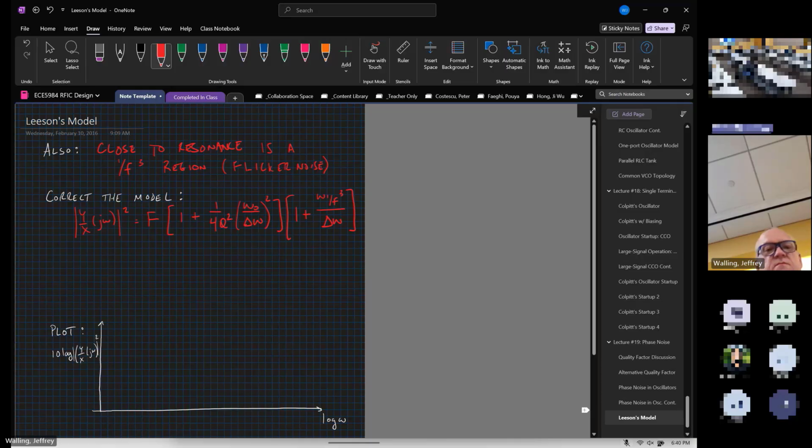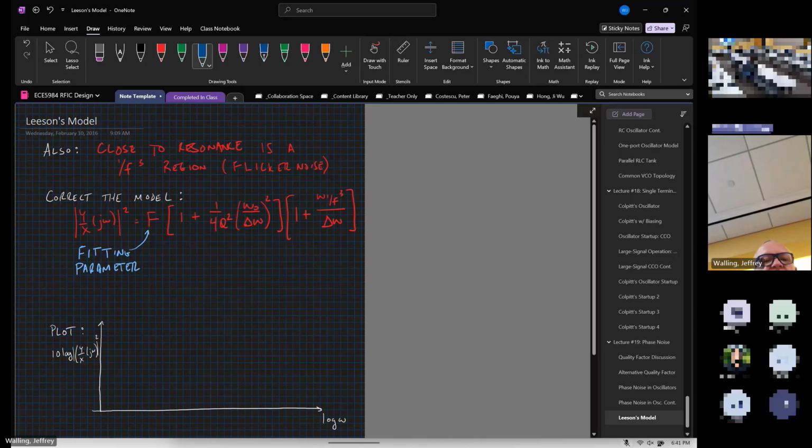All right, so this is the modified Leeson's equation. This is what we saw for a long time. This f is a fitting parameter or maybe a fudge factor, depending upon how you like. This has to do with a lot of things.